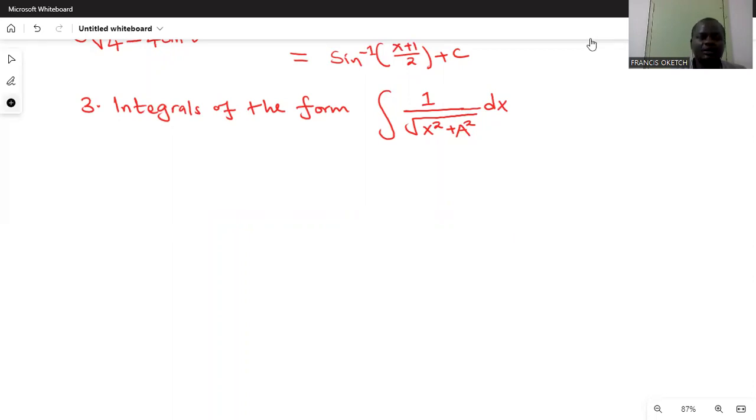Again, just as usual, we need to factor out the constant, that is a squared, from the square root.